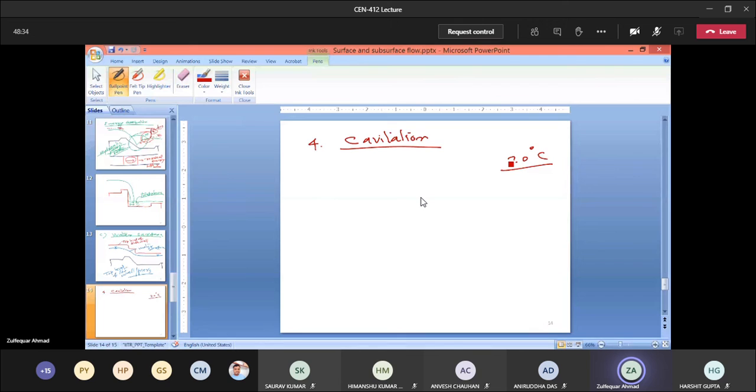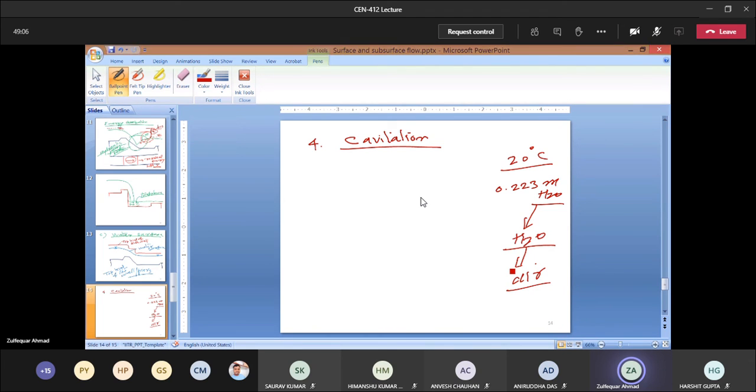That is the absolute. Now if that absolute pressure reaches about 0.223 meter head of water, the state of the water, the H2O, will change into vapor. Once it changes into vapor, that is what we call cavitation.